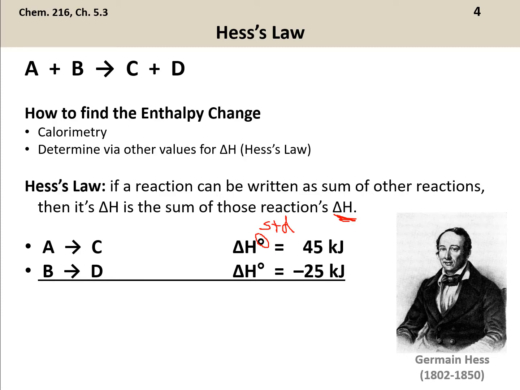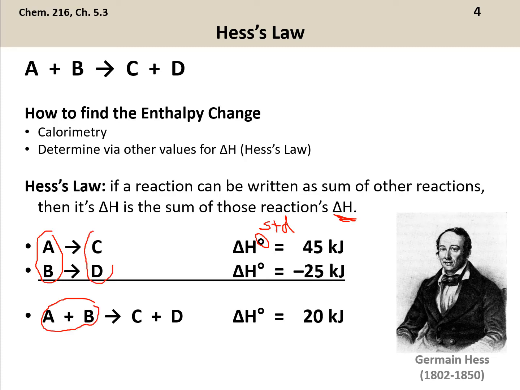Okay, so what happens if I sum up these two reactions? Well, A and B are my reactants, so they're going to be reactants here, and C and D are products here, and so they're going to be products. So I'd get A plus B going to C plus D. I could reverse these and say B plus A or D plus C. That doesn't matter.